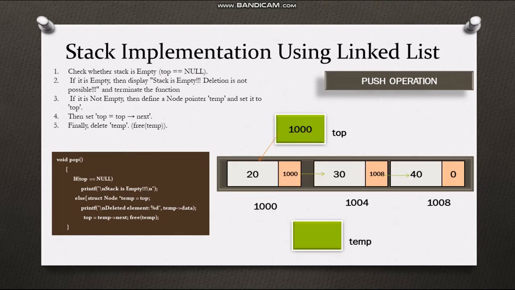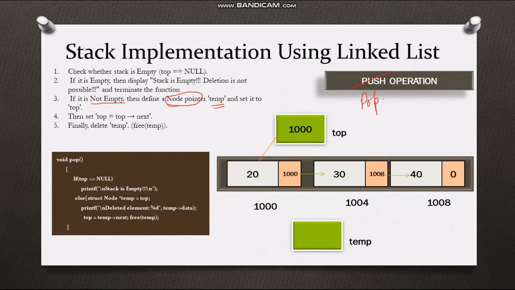Now let's come to the next possibility, that if the stack is not empty, then for deleting a node or to perform a pop operation, which is the operation that we are intending, we would first define a node pointer temp.